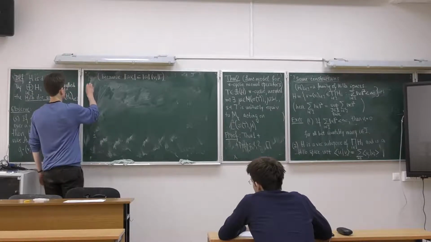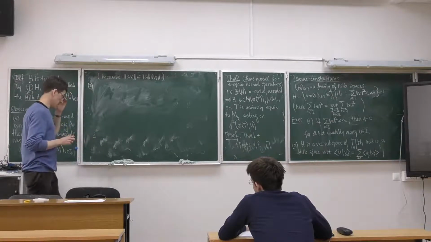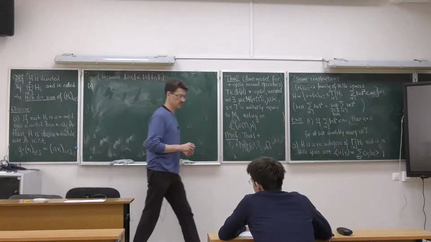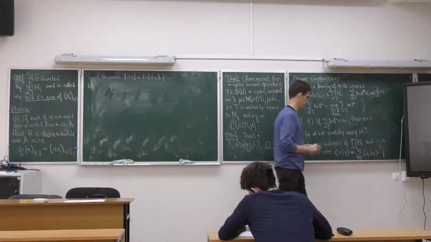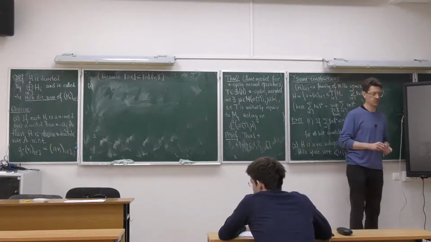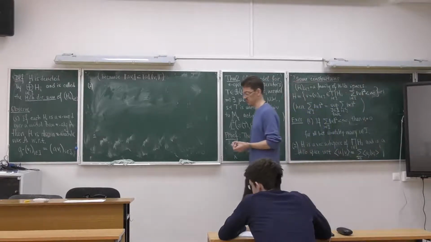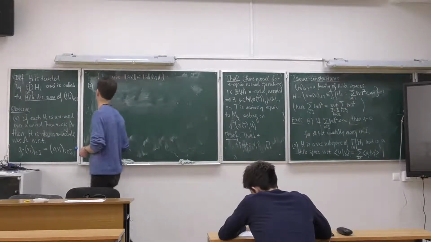And the second observation gives us some useful condition under which a given star module is isomorphic to a Hilbert direct sum of its submodules.